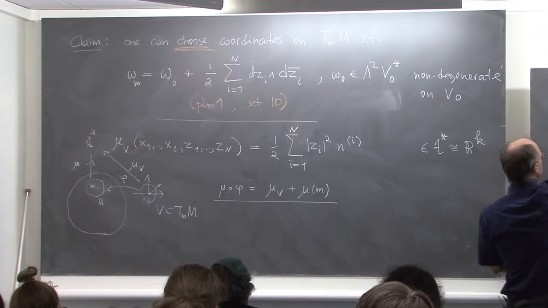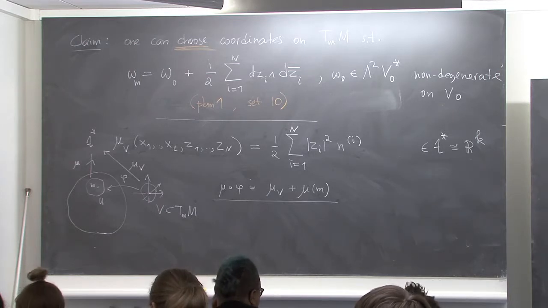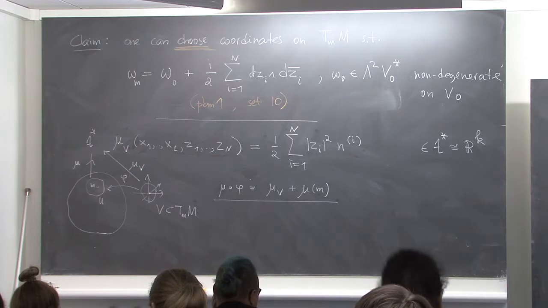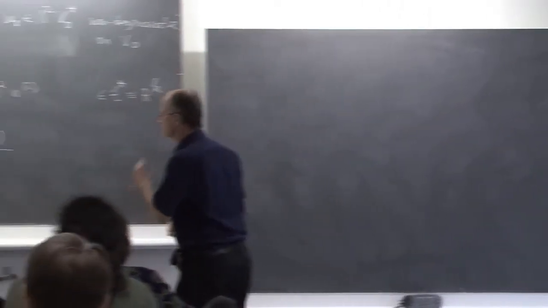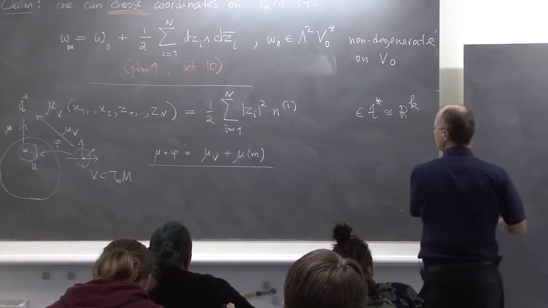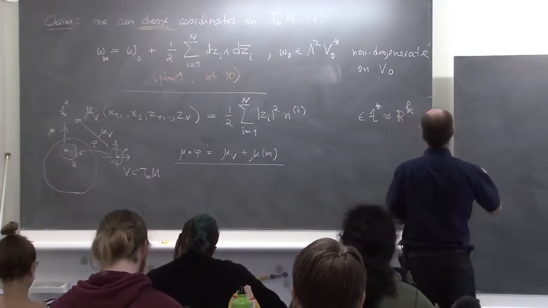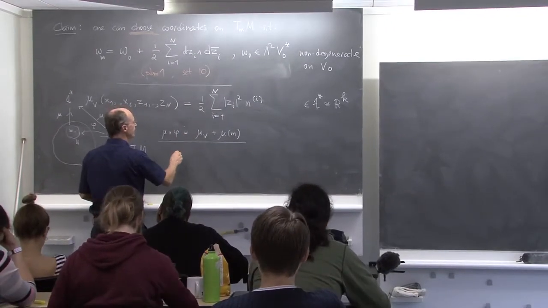So let's discuss a little bit how the image locally looks like. So what does it mean? What does it mean locally? Let me perhaps introduce the following notation.